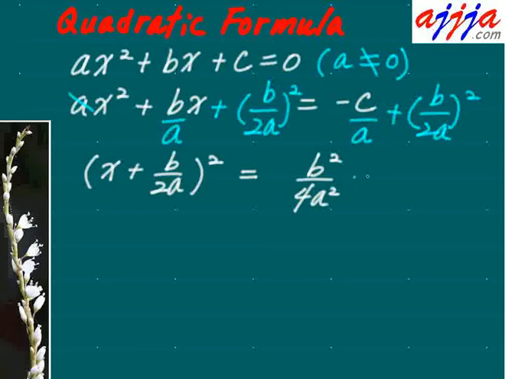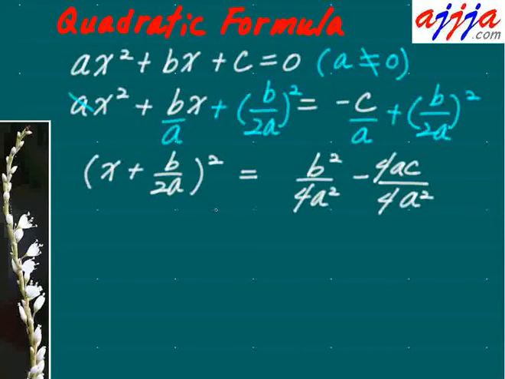Then I'm going to put c over a. But the denominator is different, so now I'm going to make it the same. This one is 4a squared, this one is just a. So I'm going to multiply by 4a, so 4a squared. On the top also, 4ac then.